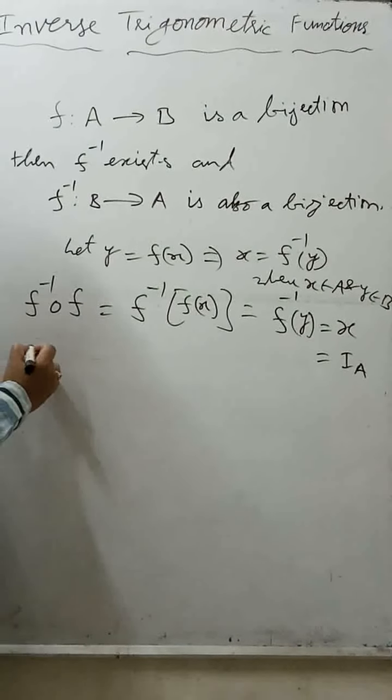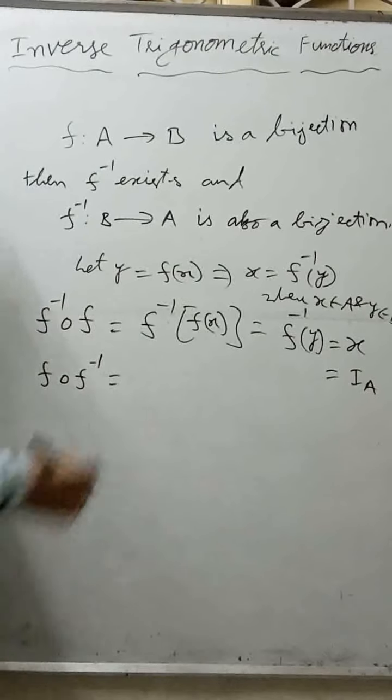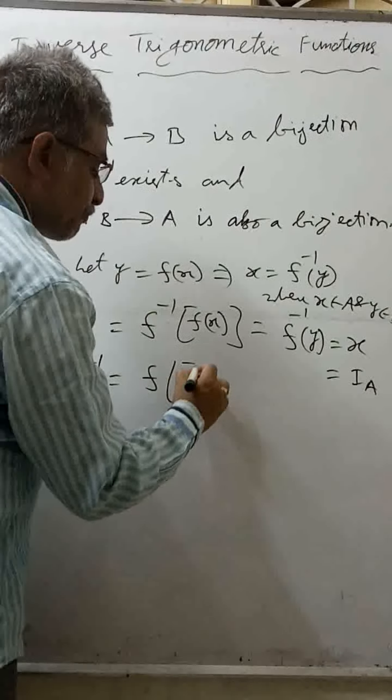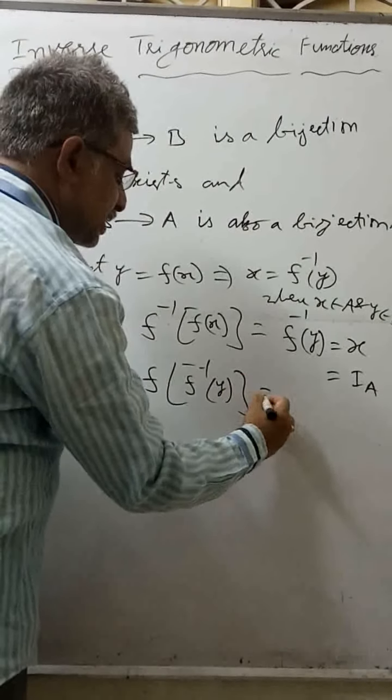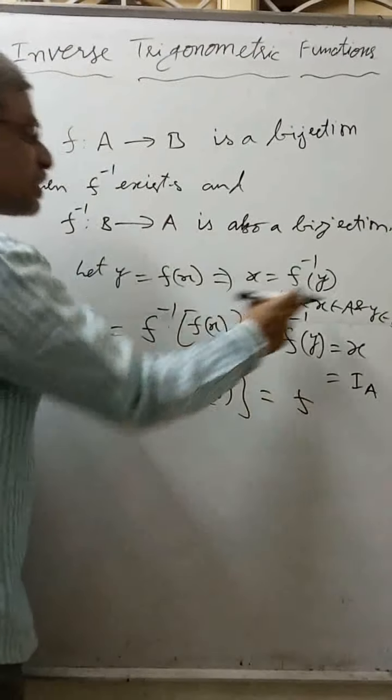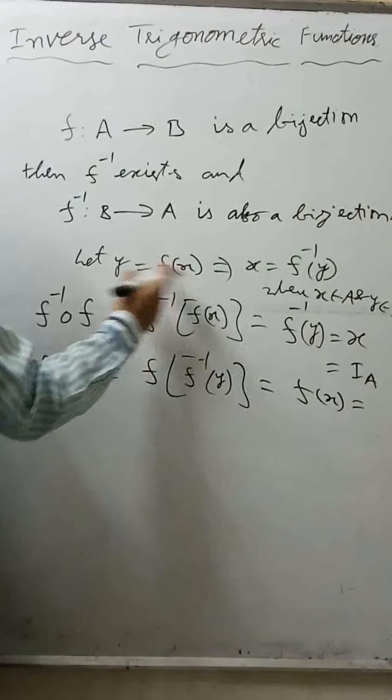F inverse circle f is always IA, and f circle f inverse is always IB, identity in B. See, f circle f inverse is f of f inverse of y. What is f inverse of y? It is x. So what is f of x? It is y.